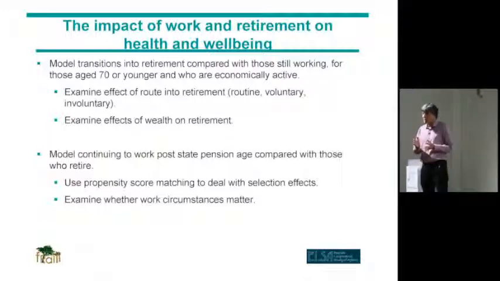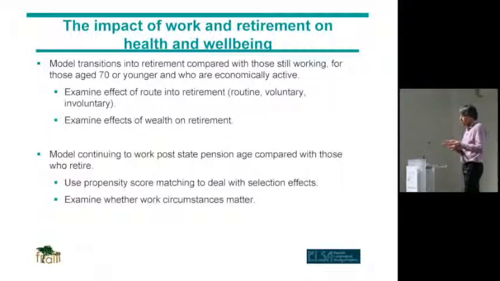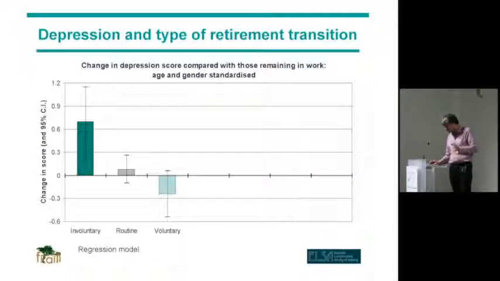And if you look at the relationship between staying in work post-state pension age and health and well-being, again you find no relationship, on average. But of course these transitions, the motivations for staying in work, the transition out of retirement are complex, they're not simple transitions.